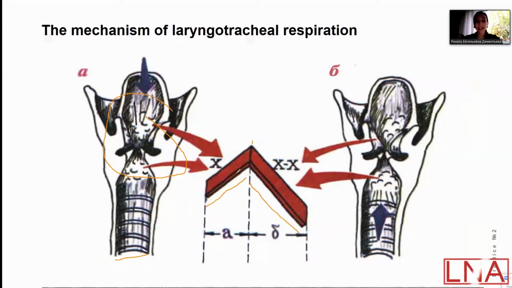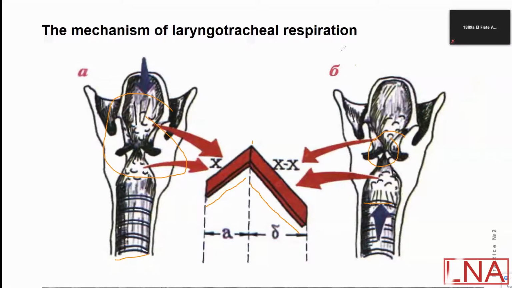So we can determine this type of breathing on the phase of inspiration, but it is longer and more detectable on the phase of expiration. Look, the narrowing of the glottis, narrowing of the larynx and trachea proceeds exactly on the phase of exhalation. So that's why laryngotracheal breathing is more detectable on the phase of exhalation. Pay attention, laryngotracheal breathing is a normal type of breathing.